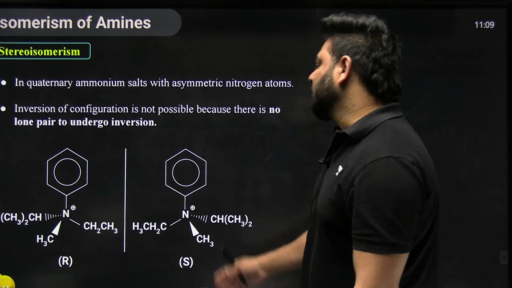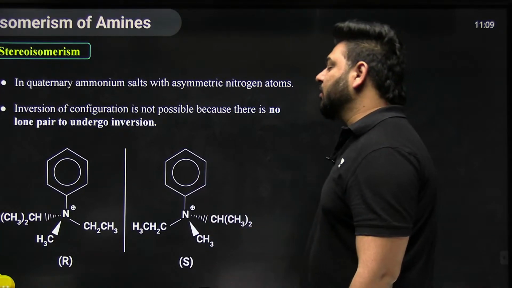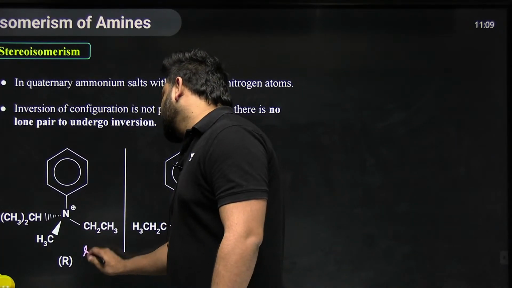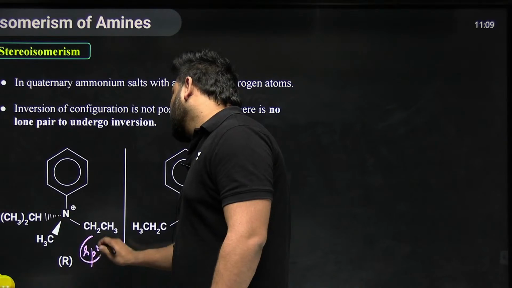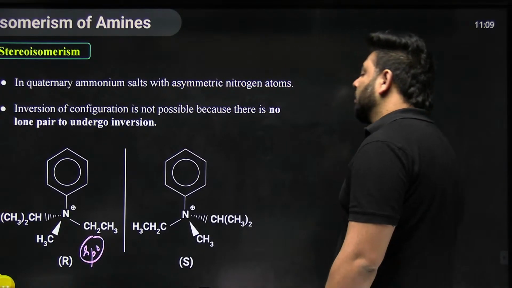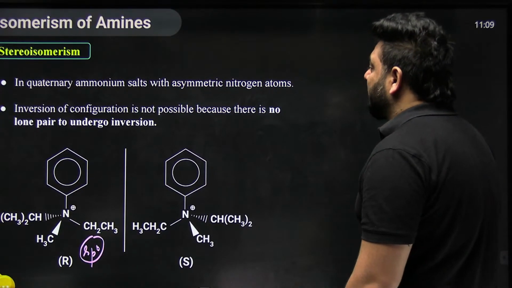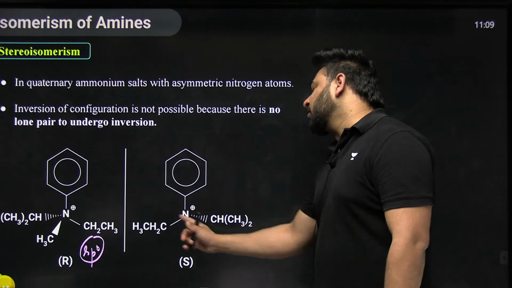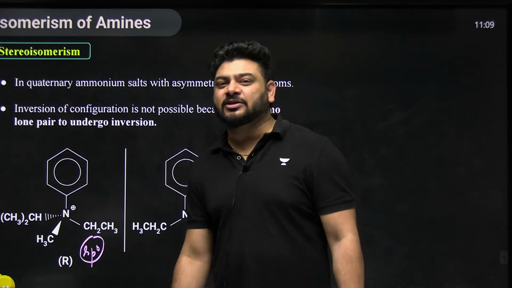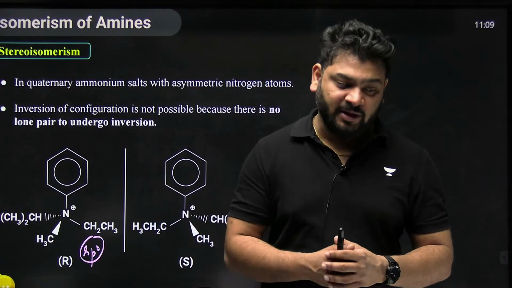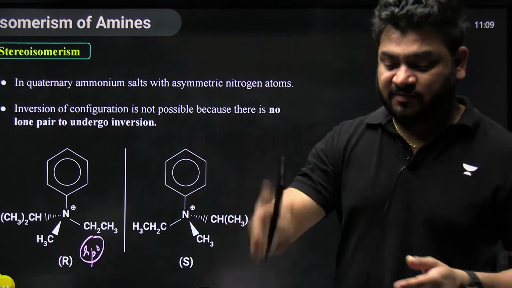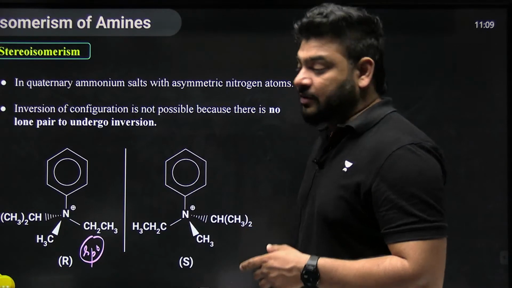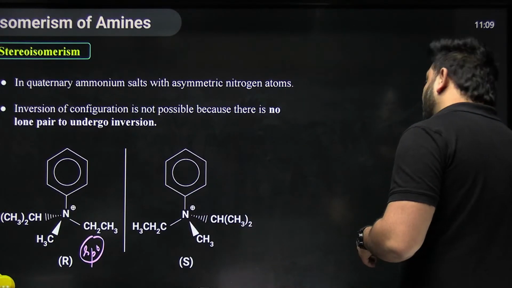So a nitrogen atom connected to 4 different groups, which is an sp3 hybridized nitrogen atom, will definitely show stereoisomerism. But yes, only when the groups are different. If the groups are similar, let's say 2 groups are the same, then it will definitely have a plane of symmetry, and we cannot call this compound optically active.